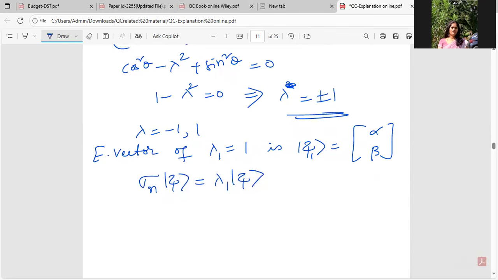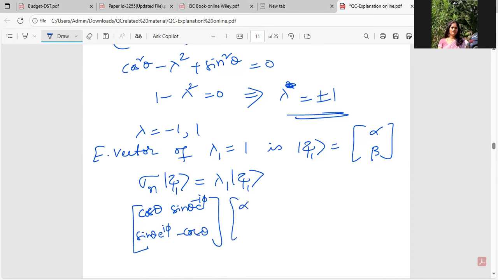If you want, I can just put a suffix, which is not a big deal. Very complicated, because already writing the ket is complicated, right? So what I have finally is cos theta, sin theta e power minus i phi, sin theta e power i phi, minus cos theta. Of course, with a minus sign. Alpha, beta, this lambda is anyways 1.